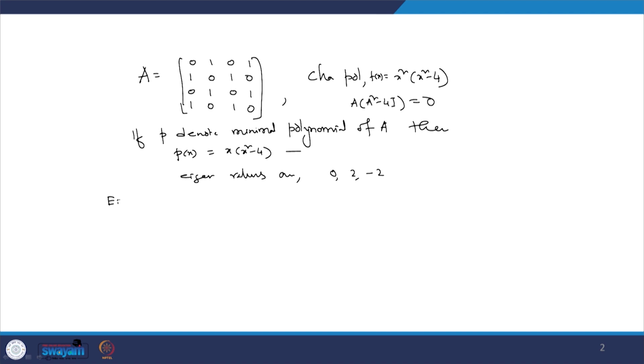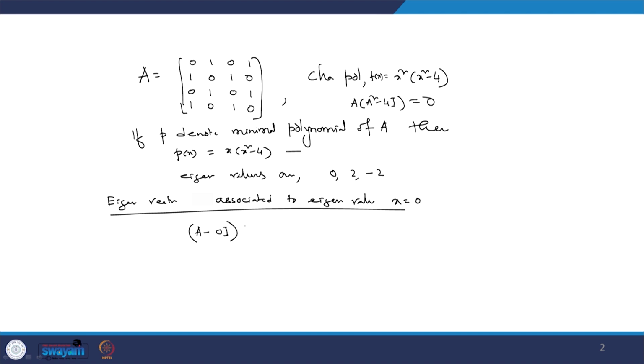So, the eigenvector associated to eigenvalue 0, one can calculate it like this. One has to calculate (A minus 0 into I) operating on x1, x2, x3, x4, which is equal to 0.